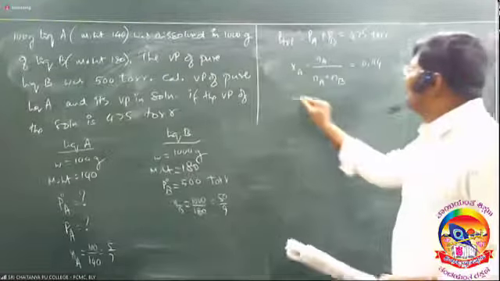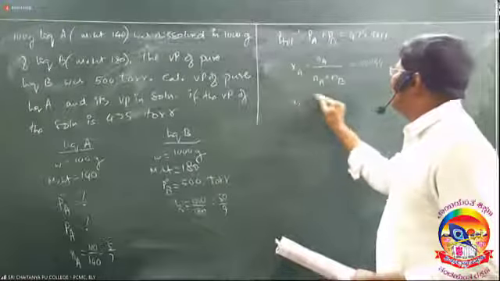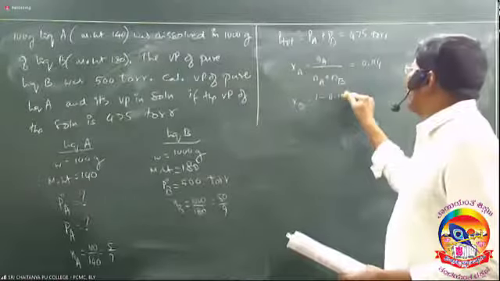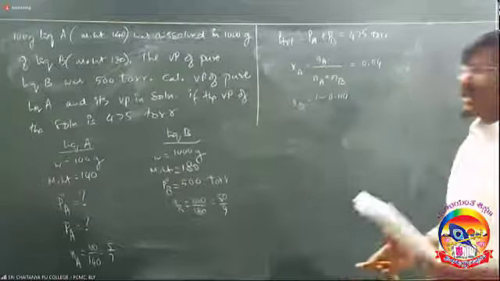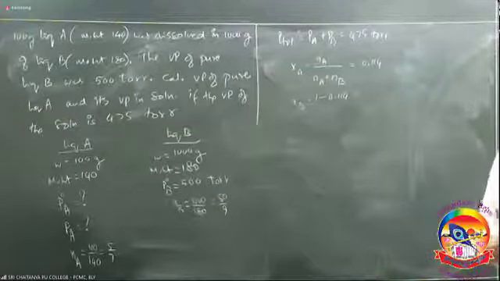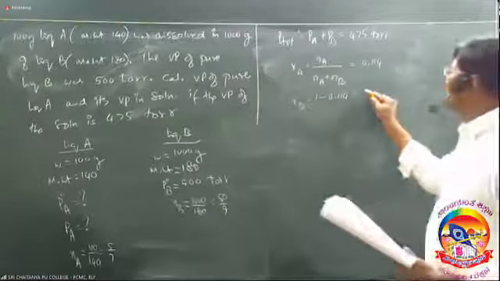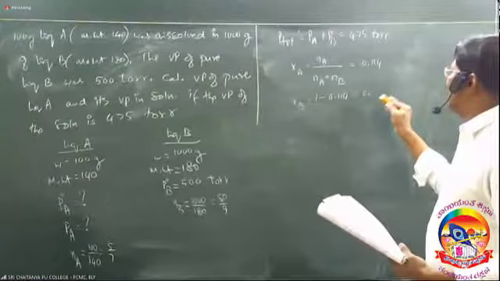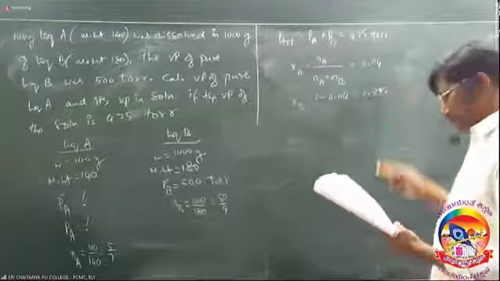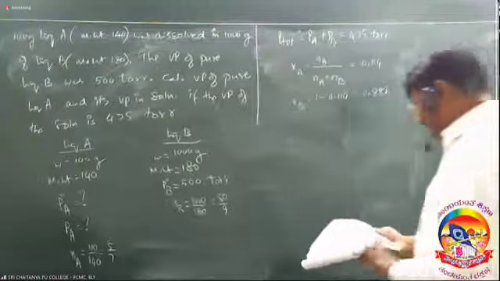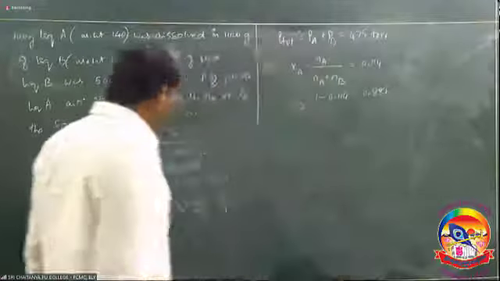What about XB? 1 minus 0.114, because the sum of mole fractions must be equal to 1. So XB is 0.886.